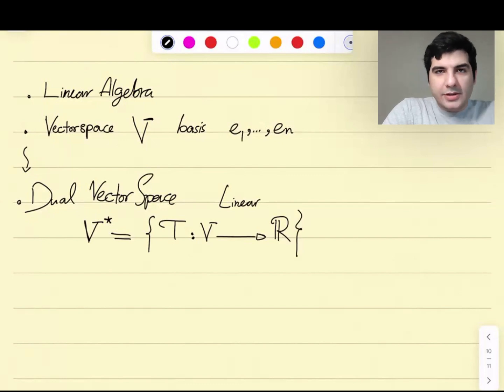If V is a vector space over R, V star itself is a vector space over R. And if V is n-dimensional, V star is also n-dimensional.